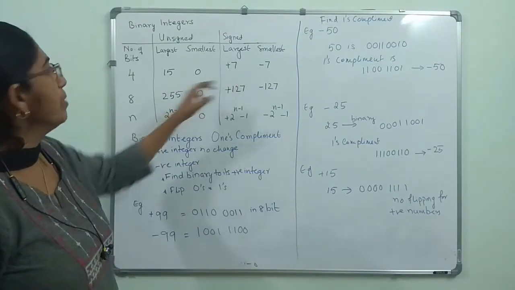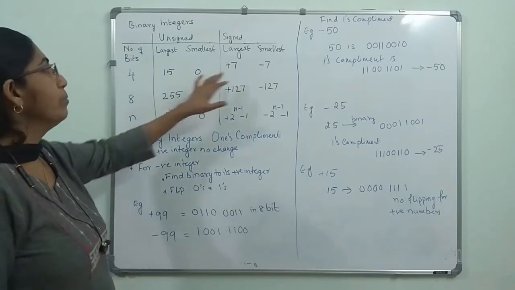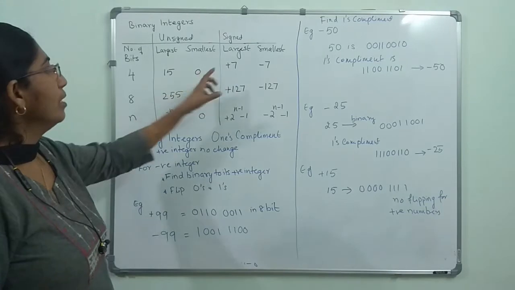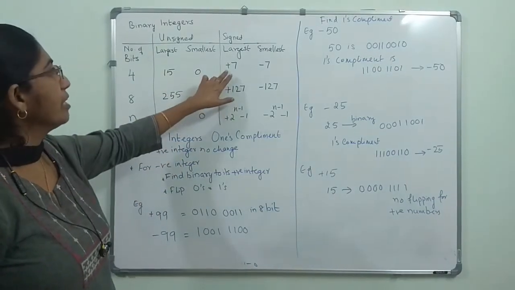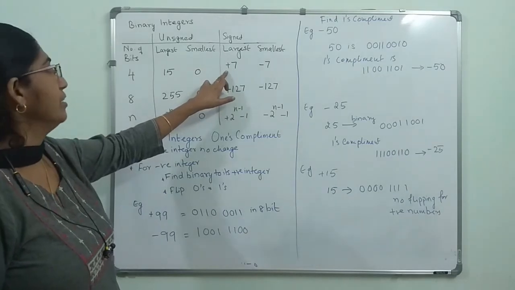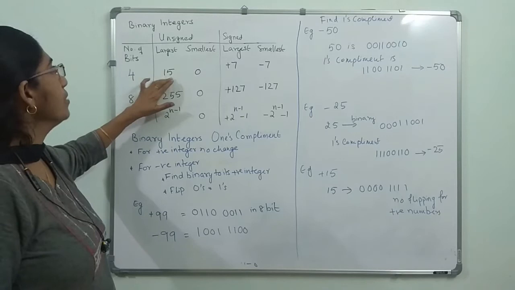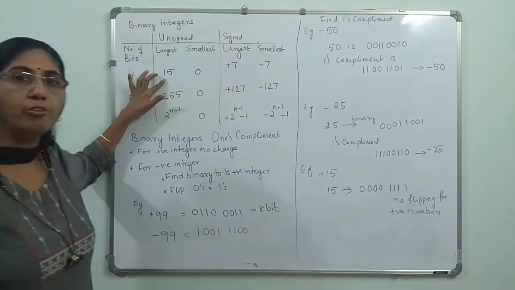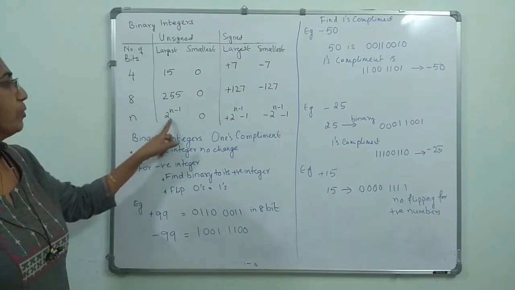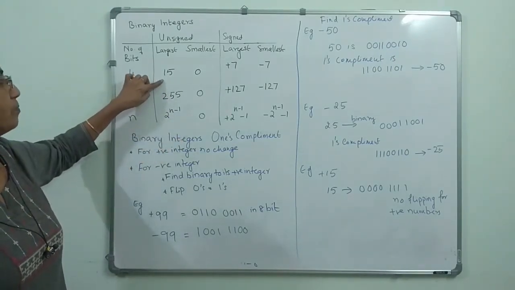So the largest number in a 4-bit arrangement in the signed configuration will be plus 7, because one location you are giving for keeping the sign. Here you will get all the 4 to represent the number. So the largest number you can represent in 4 bits in the unsigned configuration is 15. That means 2 raised to n minus 1. That is what you can represent here.